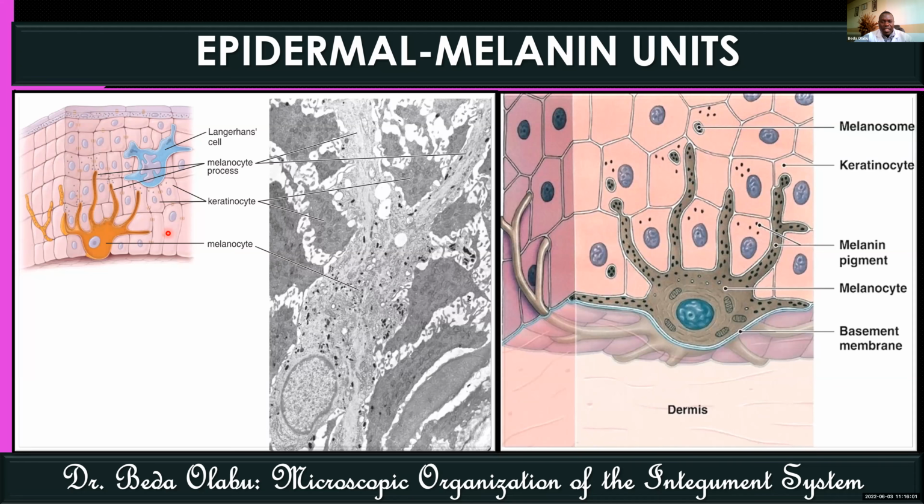So one melanocyte and all the keratinocytes that melanocyte is distributing its melanin to is what we call epidermal melanin units. Generally, they tend to be standard for human beings, irrespective of the race that you come from.